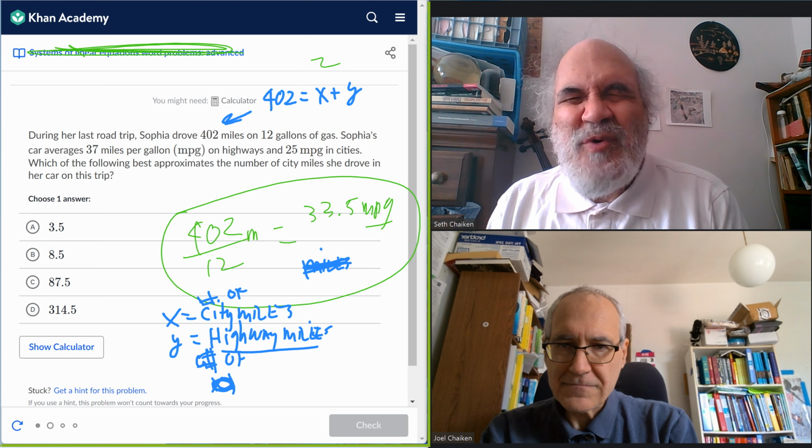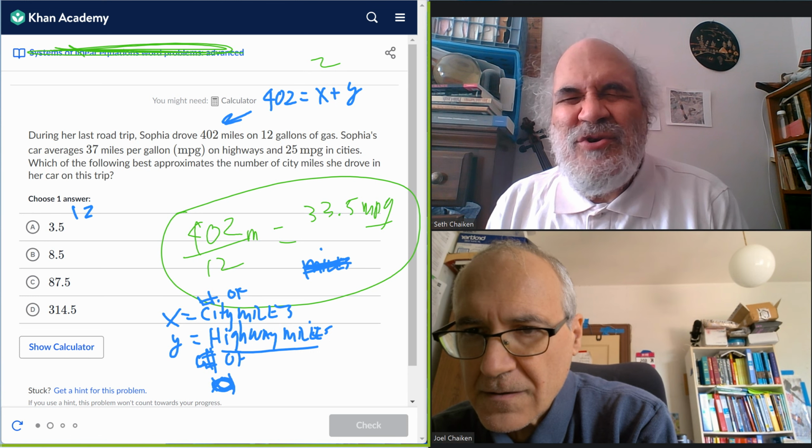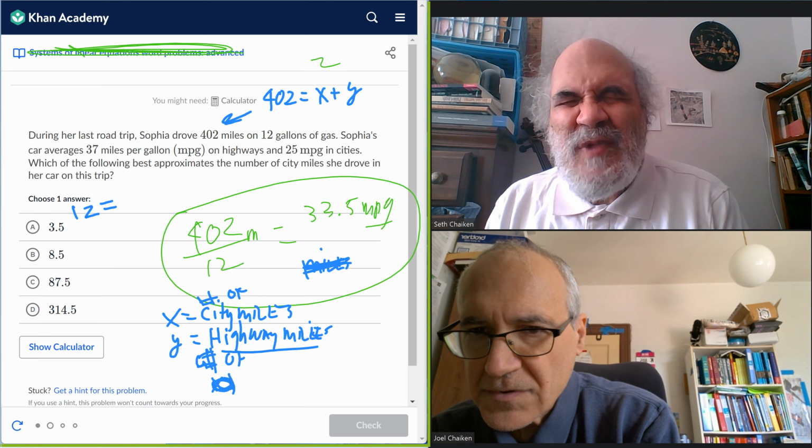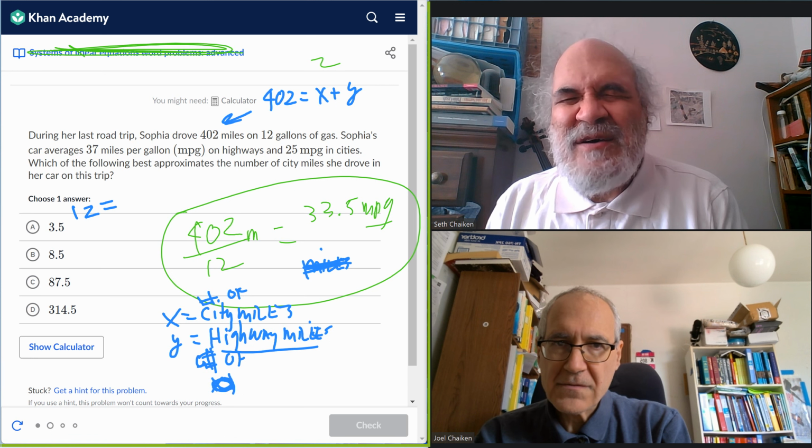So what does 12 equal? It equals the number of gallons used in the city plus the number of gallons used on the highway.